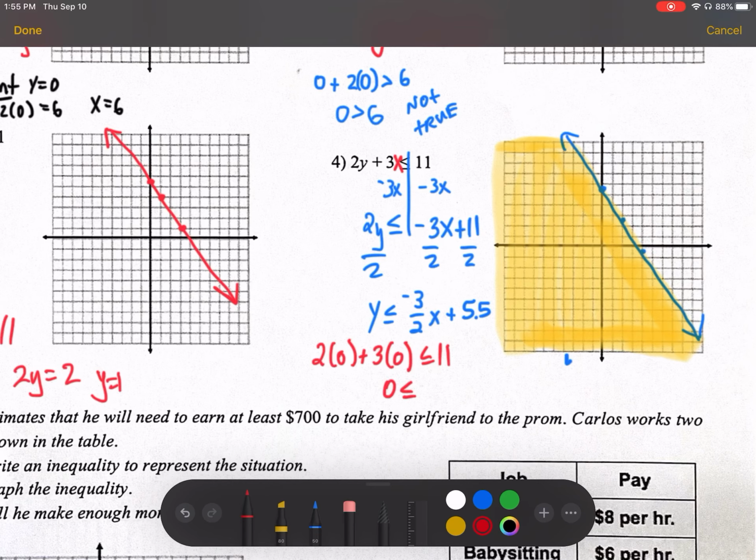So 0 less than or equal to 11. That is a true statement. So because that is a true statement, 0, 0 should fall in the shaded portion of the graph, and it does. So we have shaded correctly.